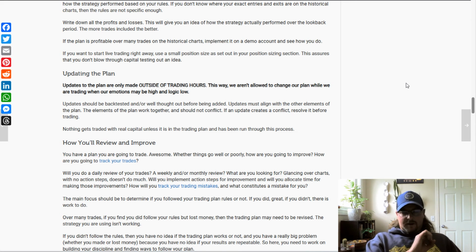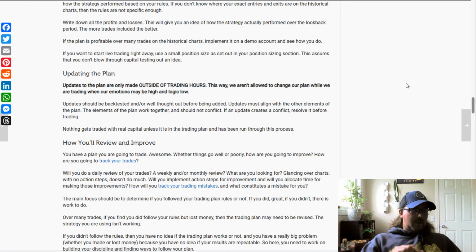And then basically we have to close out our trades or make adjustments to that trade so that we're not doing it under duress or influence of strong emotions where we just want to change our plan because we don't want to take this loss we're in. And of course we know that we do need to stick to our stop losses. We need to cut them. We need to take profits when we're supposed to. And we don't want to be swayed by these emotions and impulses that can come in.